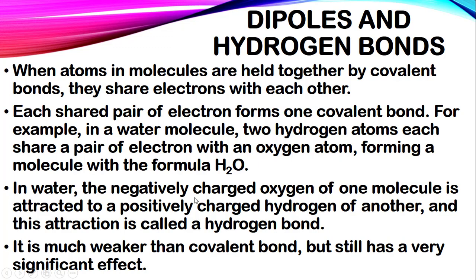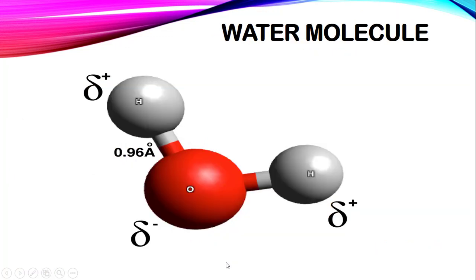In water, the negatively charged oxygen of one molecule is attracted to the positively charged hydrogen of another, and this attraction is called a hydrogen bond. It is much weaker than a covalent bond but still has a very significant effect.